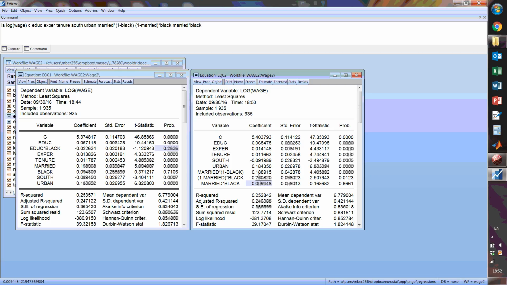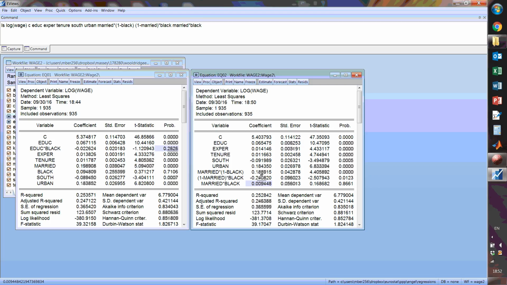Of course, here I constructed it by comparing these two coefficients. But you could alternatively do the same thing if you chose one of these two as the base category. If I choose married black man as the base category, then the coefficient on the married non-black man would be approximately 0.18, 0.179.